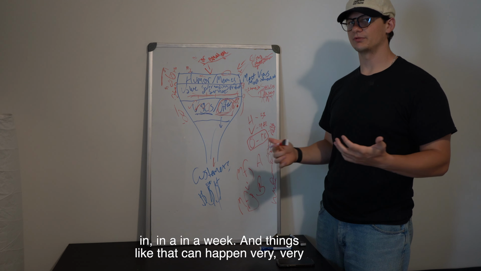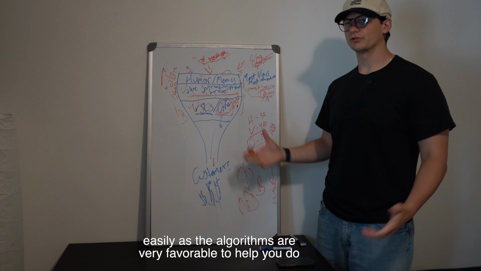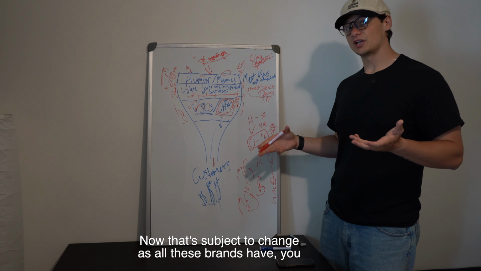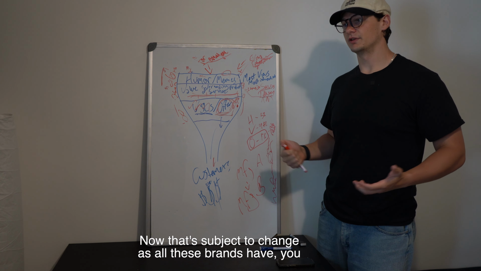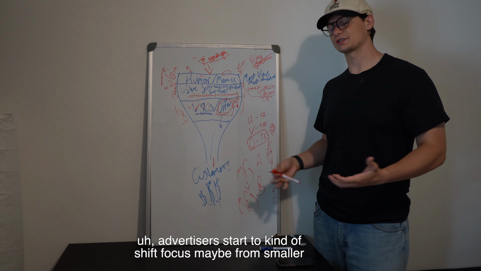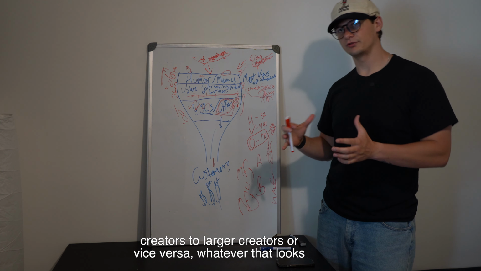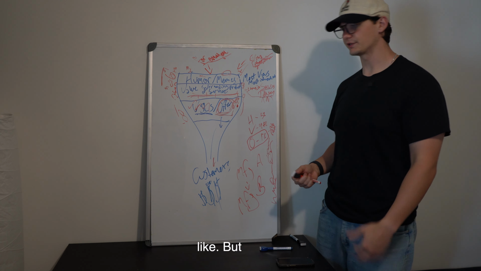Things like that can happen very easily, as the algorithms are very favorable to help you do that right now. Now that's subject to change as all these brands have different interests, as their advertisers start to shift focus maybe from smaller creators to larger creators, or vice versa, whatever that looks like.